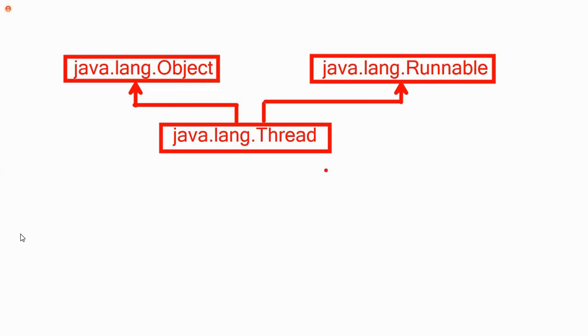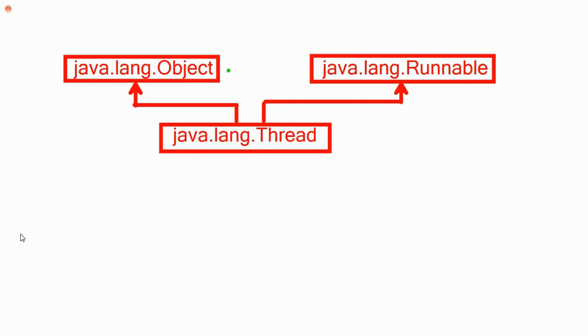Now, which type of inheritance is this? Multiple. It is a class and it is an interface. With a class and an interface, multiple is possible. Two classes are not possible.